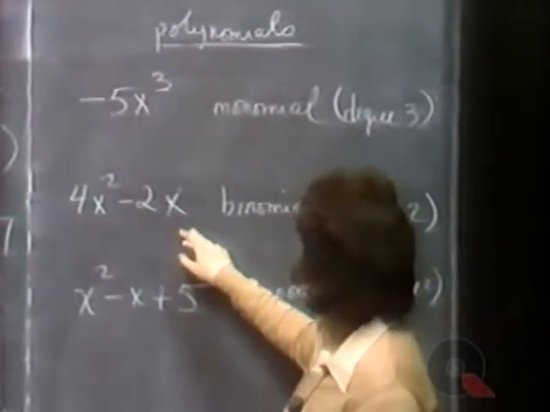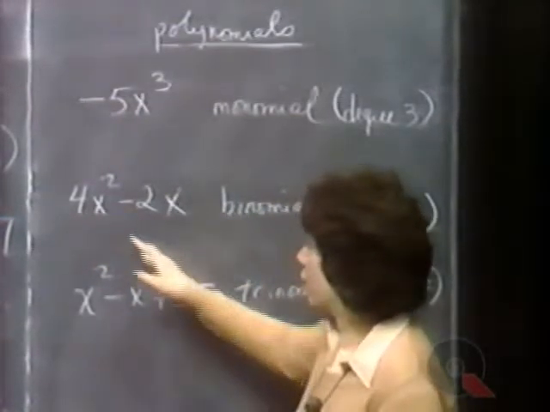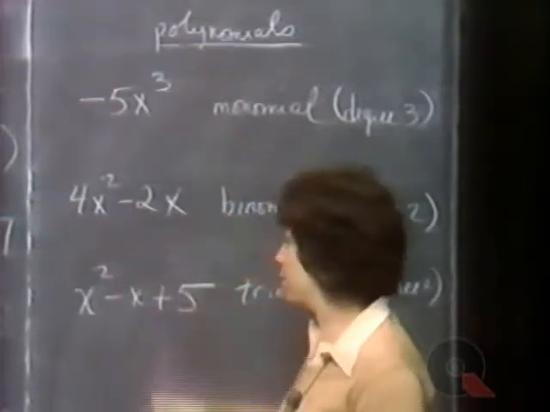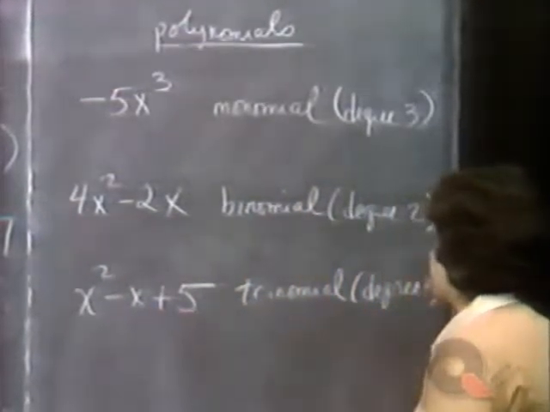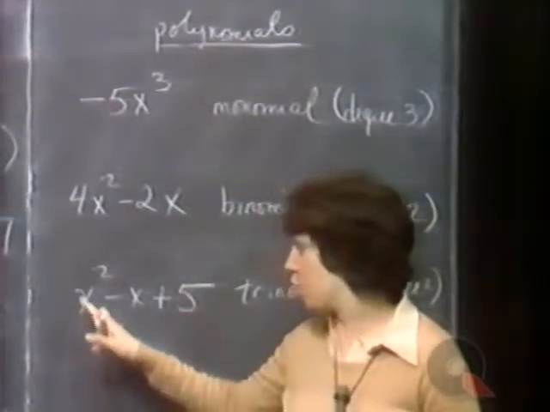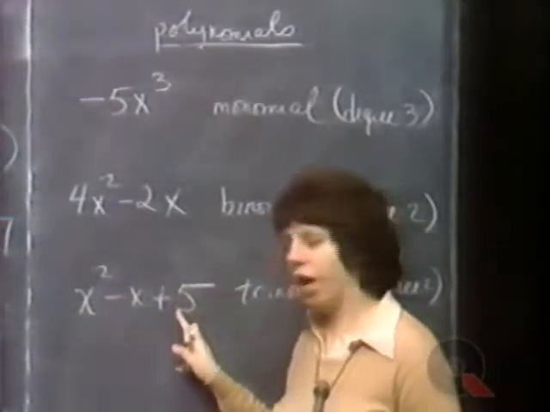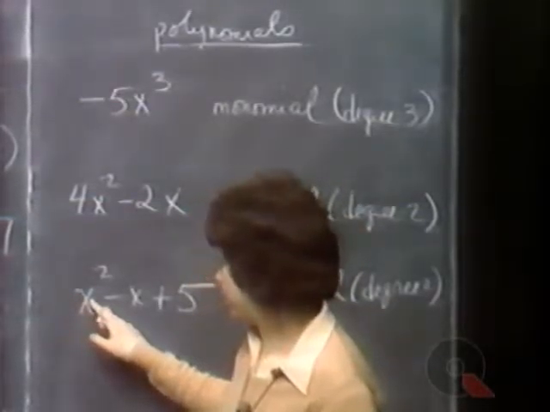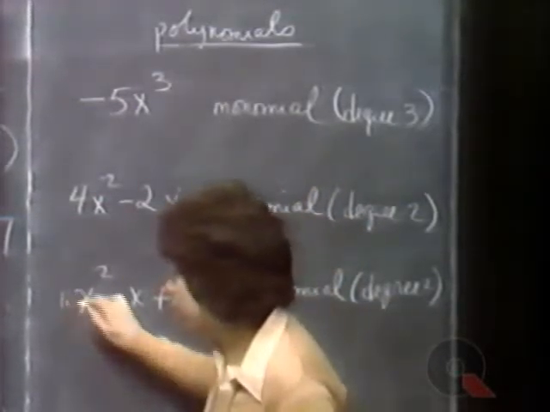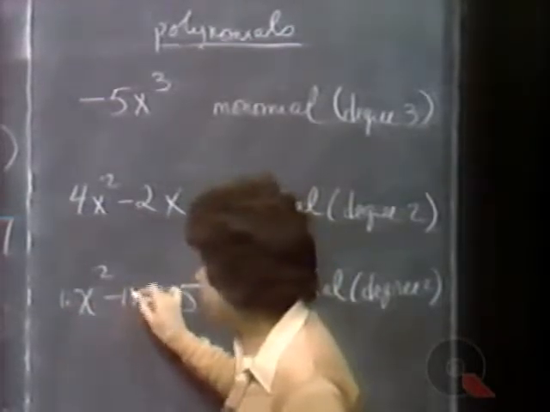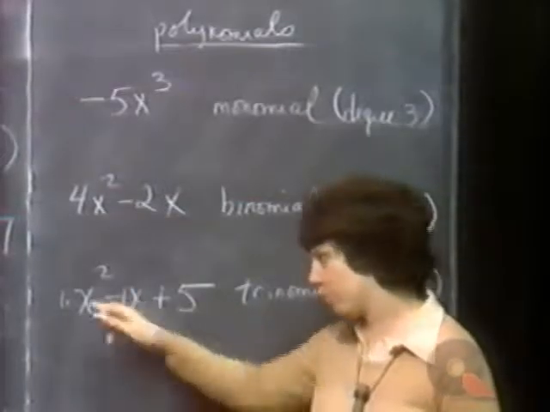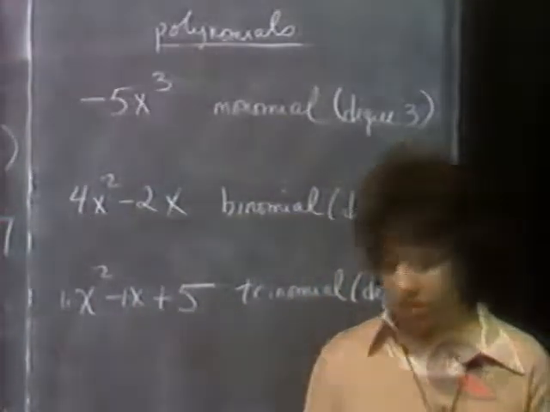This second polynomial, the binomial, has two terms. The coefficients are 4 and minus 2. And for the three terms in the trinomial, the coefficients are 1, minus 1, and 5. If you don't see anything right before the variable part, the 1 is implied. This is 1x squared minus 1x plus 5. The coefficients are 1, minus 1, and 5. Of course, we usually write it without the 1s present.